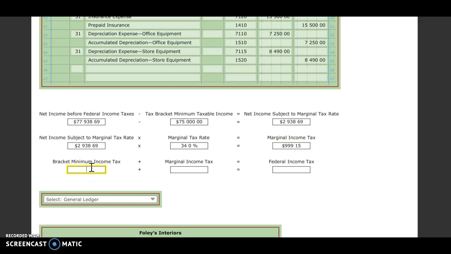Okay, then it says our minimum tax for that tax bracket is going to be $13,750. I'm getting that from the tax table on page 104. I'm going to add in that marginal tax that we just figured out. So our federal income tax then is going to be $14,749.15.